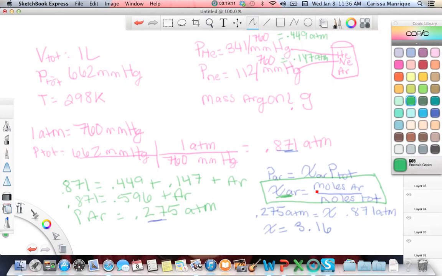Well, that's where all of these other numbers come in. Remember, we wrote all these down, they are for something. So we can put in PV equals nRT and solve for n. You see that this is volume total, pressure total, this is temperature total. So when I do this, I'm going to get moles total. Okay? So let's do PV equals nRT.